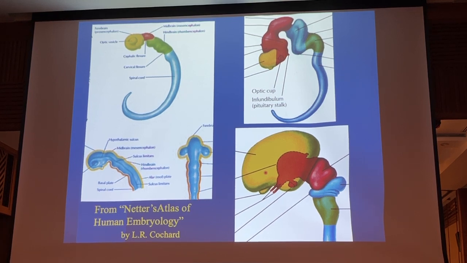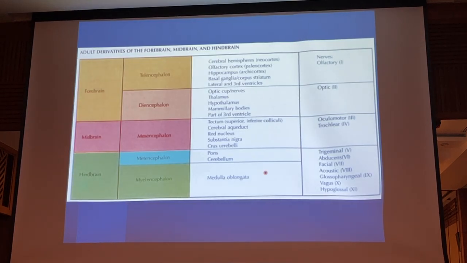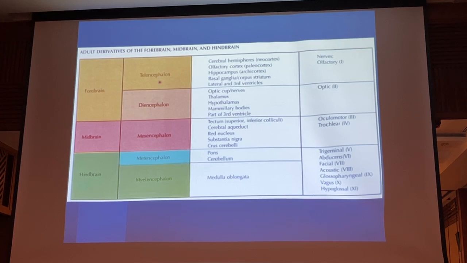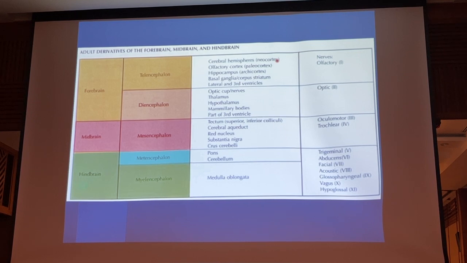If you look at the details, this is actually a summary of what develops from what. The telencephalon gives the hemispheres, olfactory structures, hippocampus, the basal ganglia, and the lateral and third ventricles. Diencephalon, can you see? It's a little blurred.